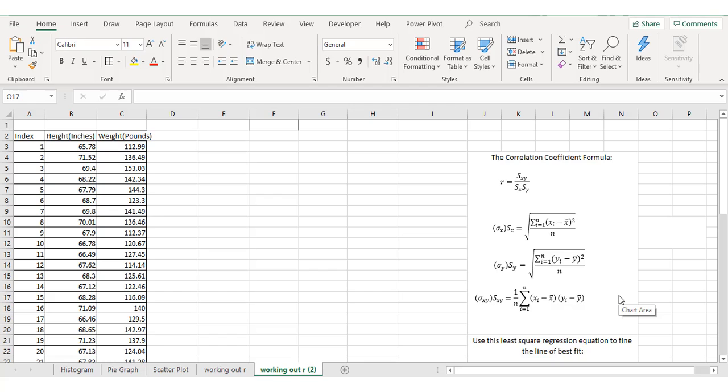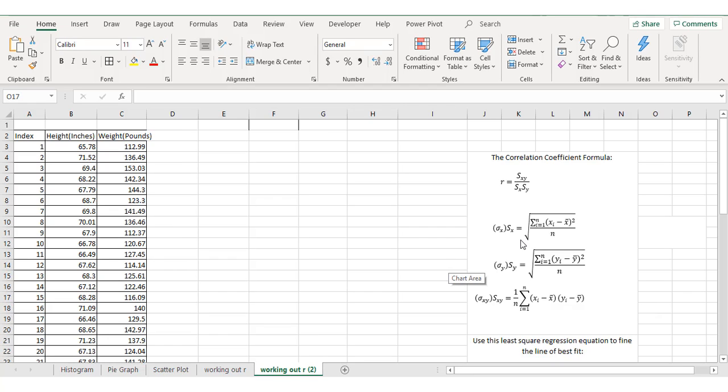Remember, if you want to use the graphing calculator to get population standard deviation, the notation for population standard deviation is sigma x, sigma y, and also sigma xy. For your graphing calculator, this S sub x, S sub y, and S sub xy means sample standard deviation.